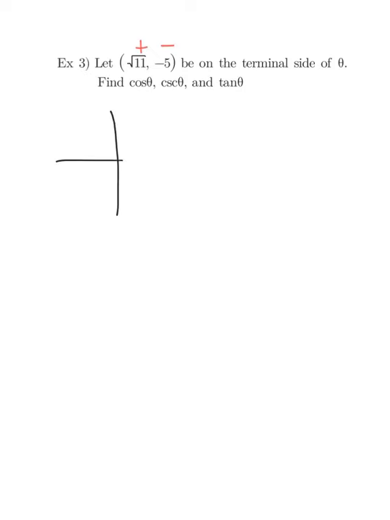We're going to draw an axis, and then we have a terminal side down here. And what that means when it says let this be on the terminal side is that you have a point there, and the square root of 11 and negative 5 are the coordinates of that point.